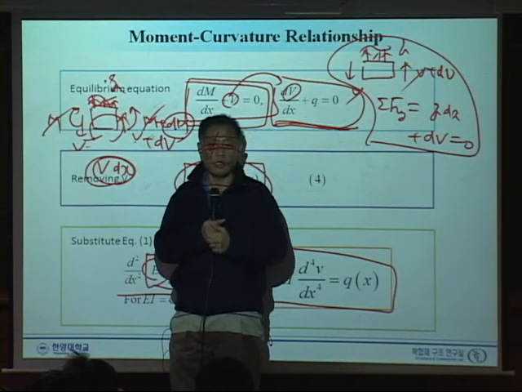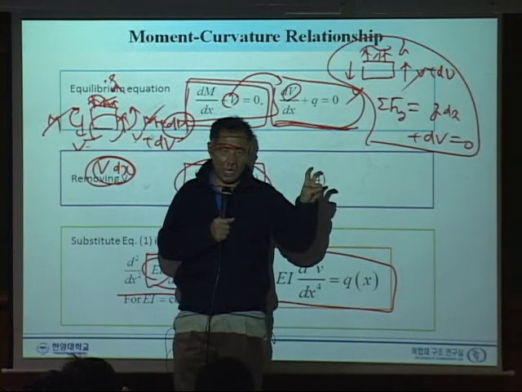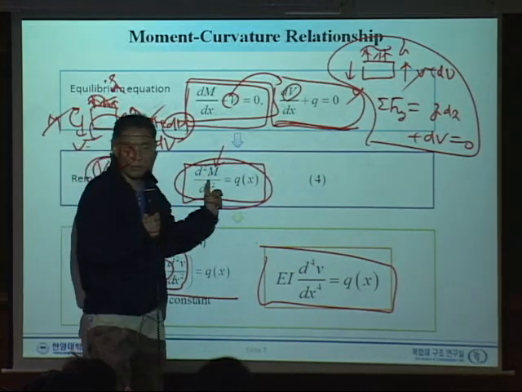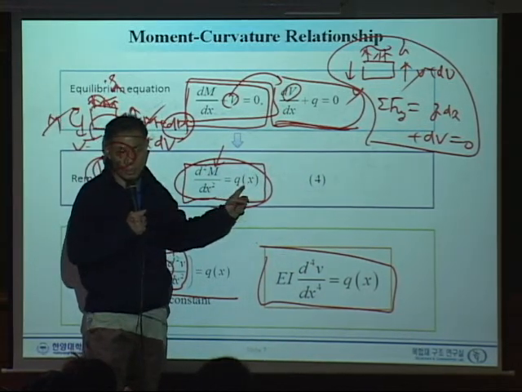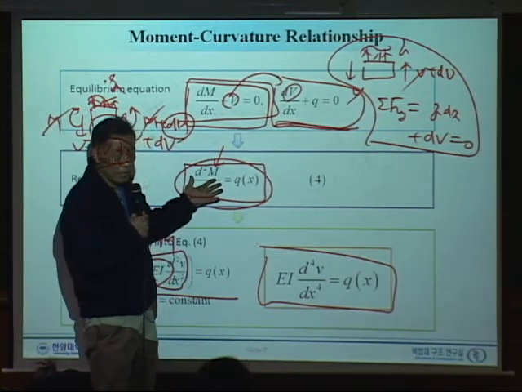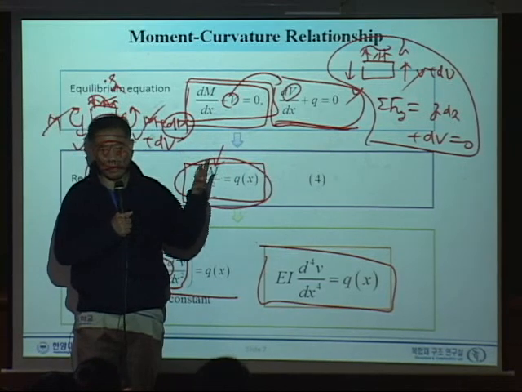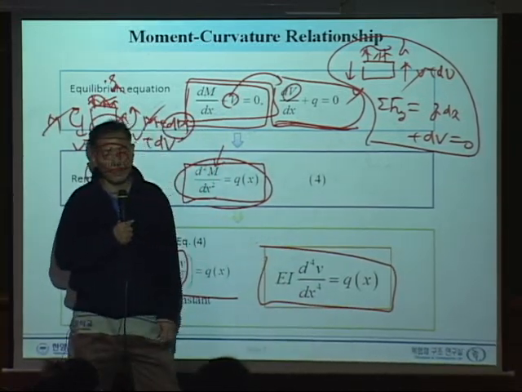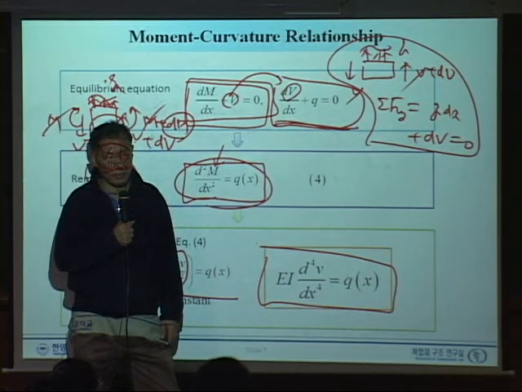That's the one equation. And two equilibrium equations give us the moment second derivative in terms of Q(x). This is from the equilibrium equation. And combining this one and that moment-curvature relation, we will end up with this Euler-Bernoulli equation.